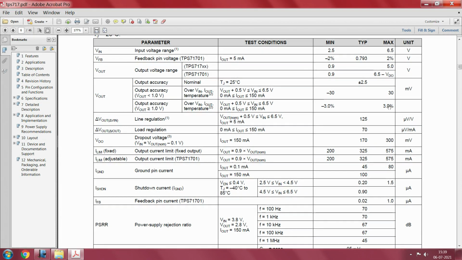So these are rough numbers, but you can already see that he is talking about 3% in one case and he is talking about plus or minus 2.5 in another. Here he is talking about a unit which is in millivolt, but rarely do you express it in millivolt. Of course you can convert this plus minus 2.5 millivolt back into percentages depending on what your output voltage is and what percentage of accuracy is maintained for that output voltage. You can convert that anyway. So the range is mentioned here again.